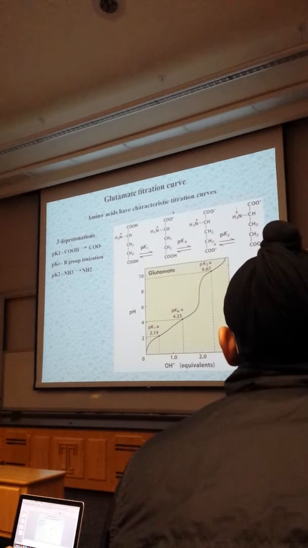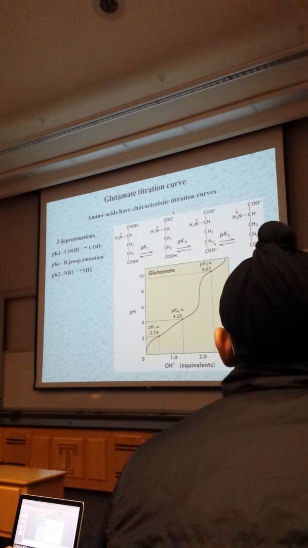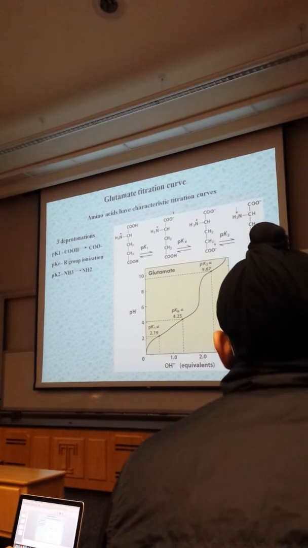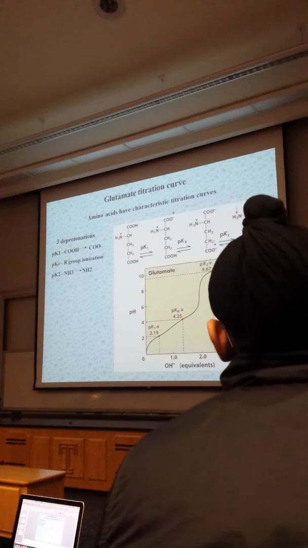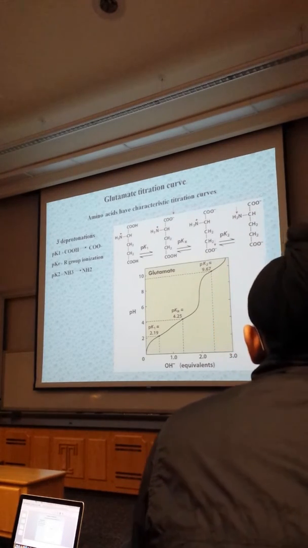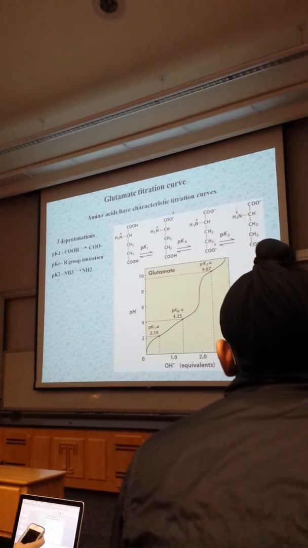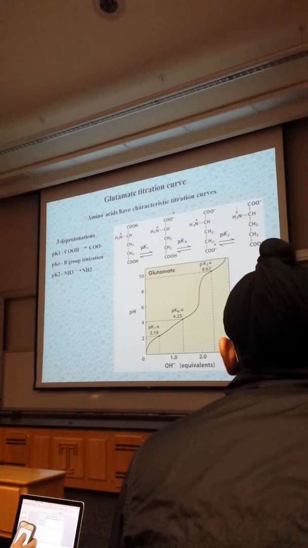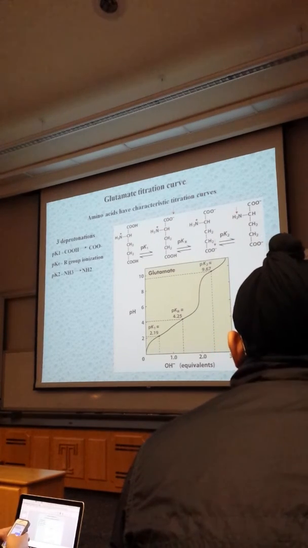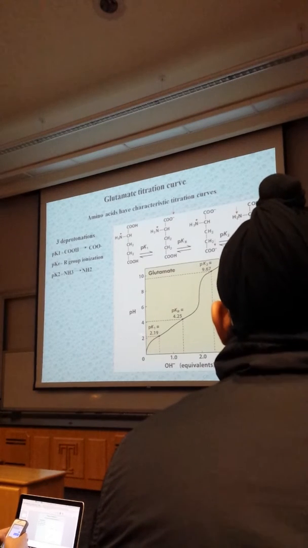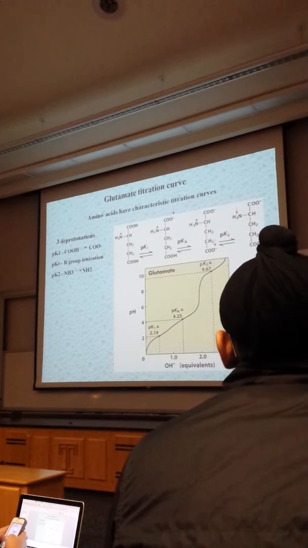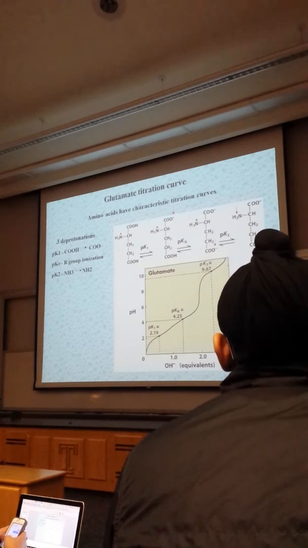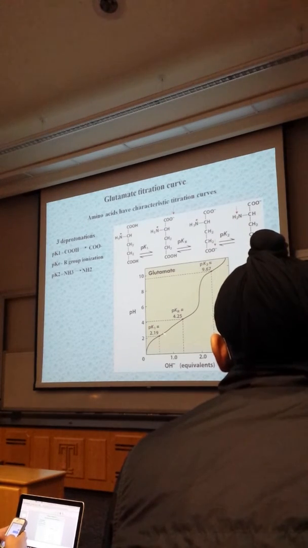But what's interesting is where this happens. What would be the background pHs for glutamate to undergo ionization from first this carboxylic acid, then the carboxylic acid on its R group, and then finally from its amino group? And the background pHs are shown here. So pK1, background pH is 2.19, really low.